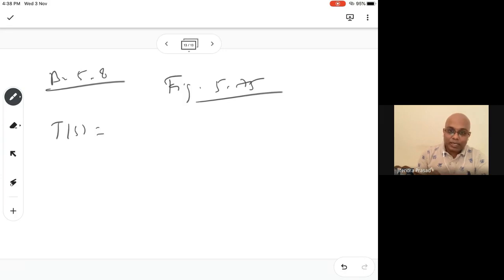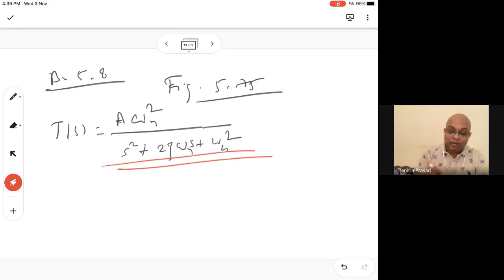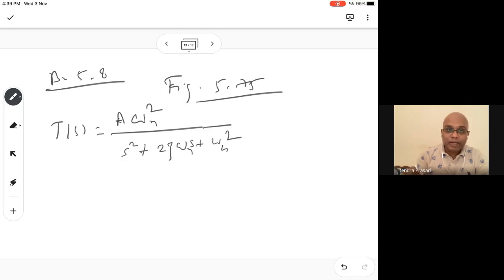You will get something like omega n square, or any value, let's call it A here, over s square plus 2 zeta omega n s plus omega n square. In this form you will get it.